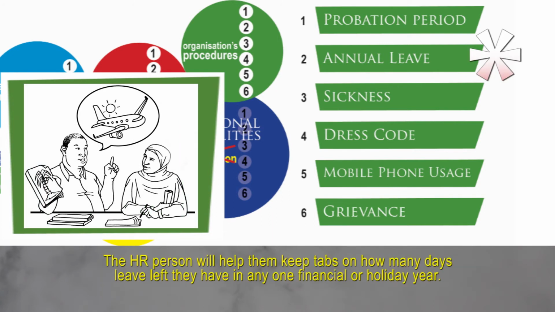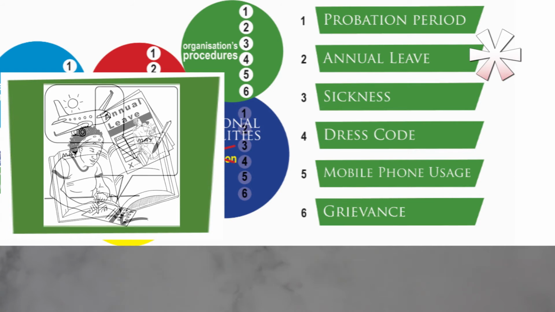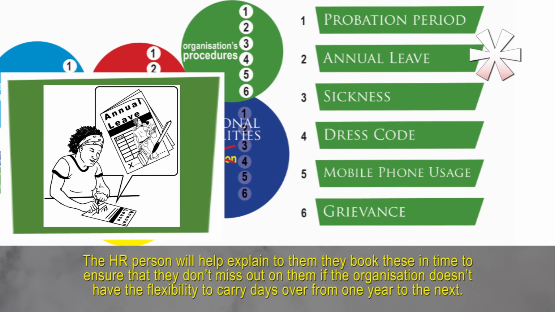The HR person will help them keep tabs on how many days leave left they have in any one financial or holiday year. The HR person will help explain to them they book these in time to ensure that they don't miss out on them if the organisation doesn't have the flexibility to carry days over from one year to the next.